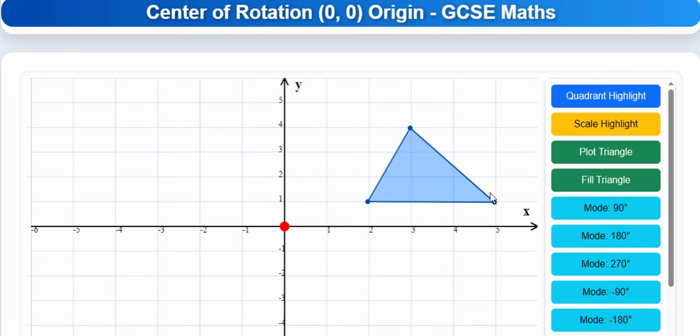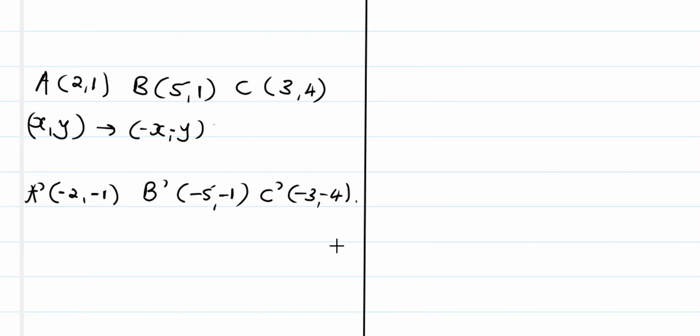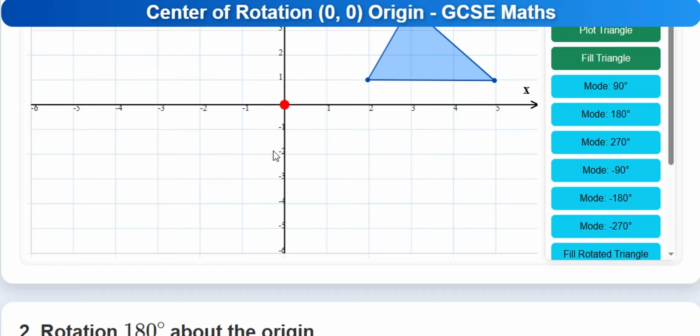Then we rotate it to 90, then to 180, and we don't need to put it here, we just need to switch the mode here to 180. Then we plot our new coordinates. So our new coordinates are -2, -1 somewhere there.